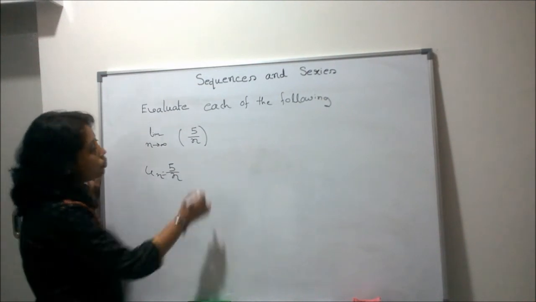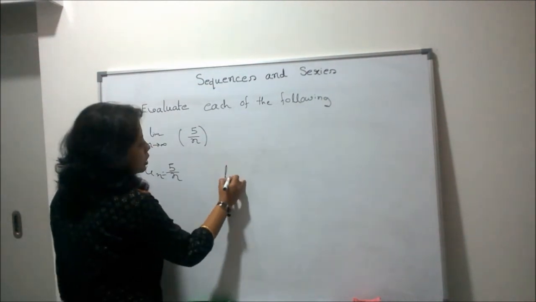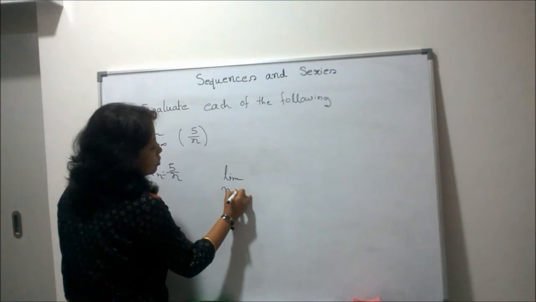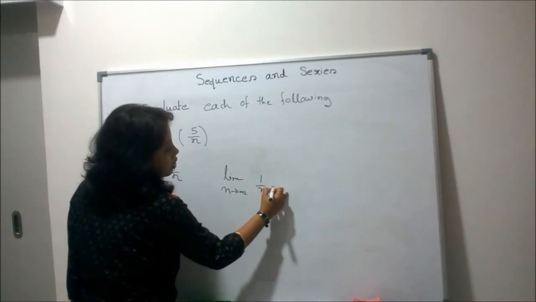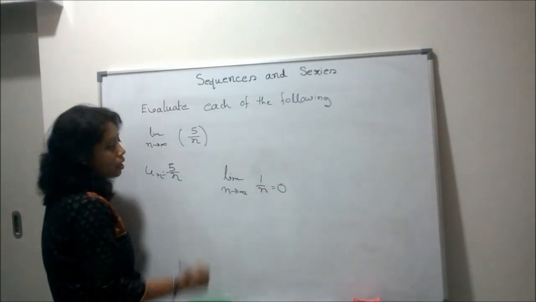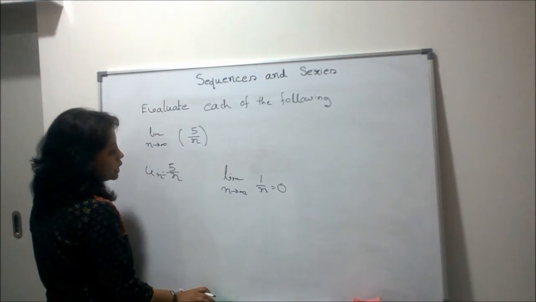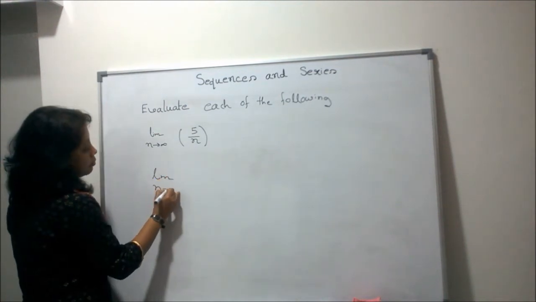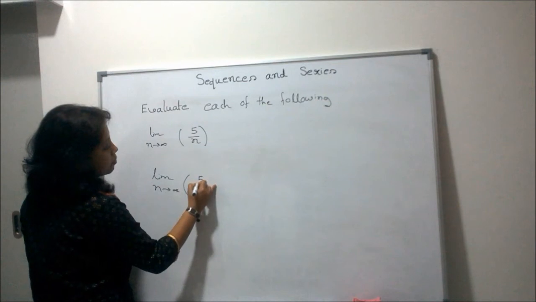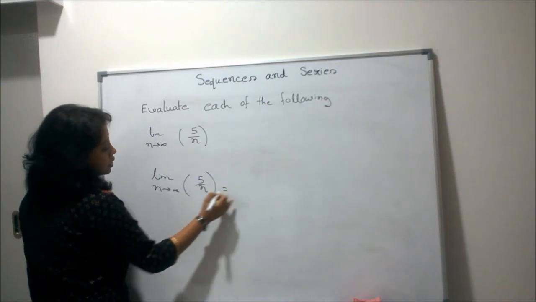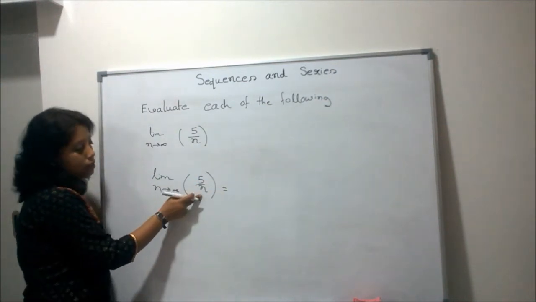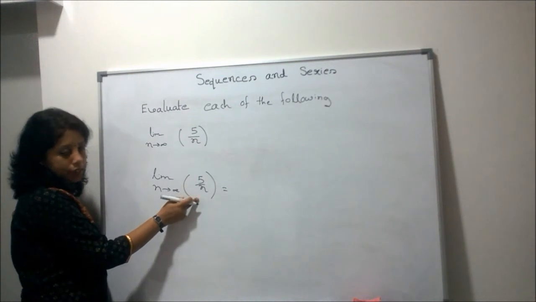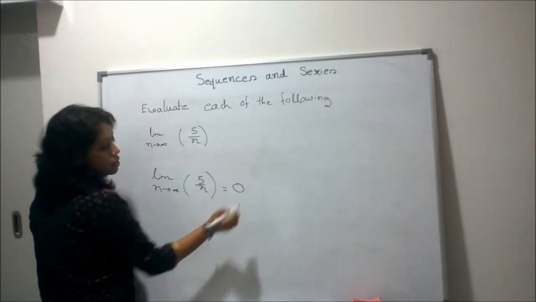We already know that limit n tends to infinity 1 by n is 0, so this is also 0.